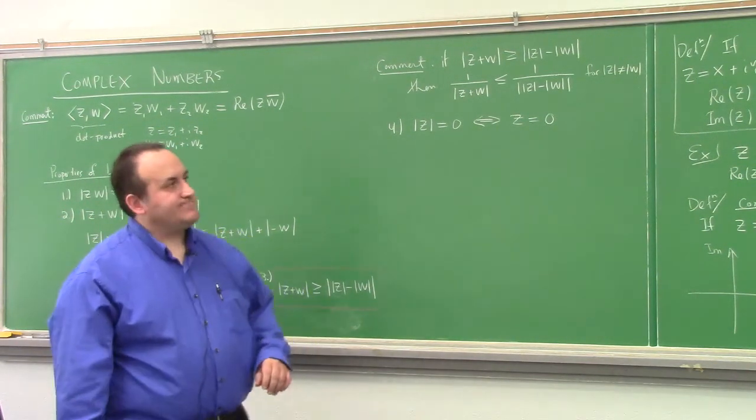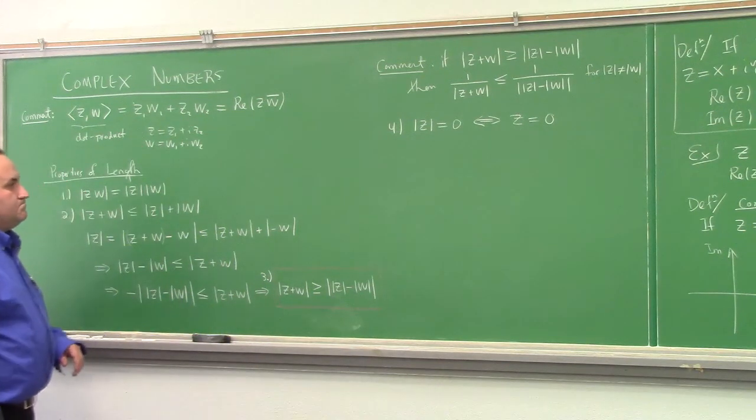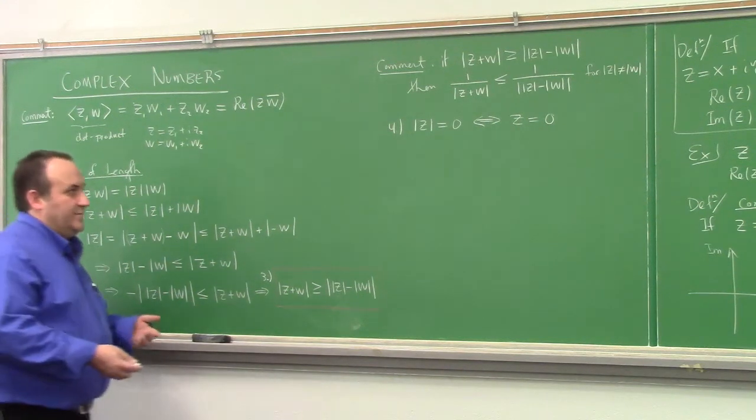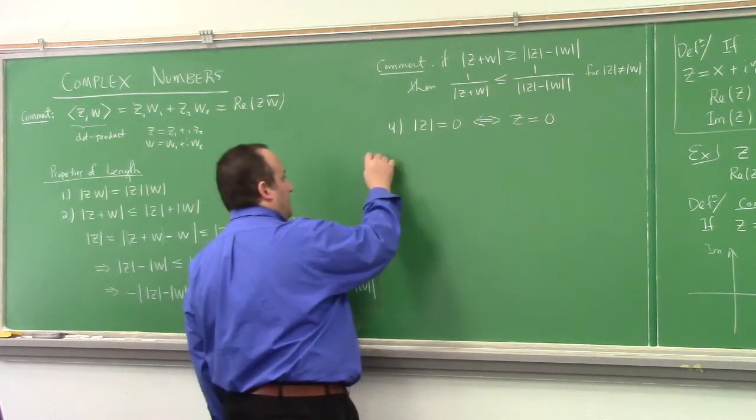Okay, so so far we've talked about the basic algebraic properties of complex numbers, the complex conjugate, and how that allows you to calculate the length of complex numbers. So the next thing to talk about is when can we find the reciprocal, or the multiplicative inverse, of a complex number? So this is a question.